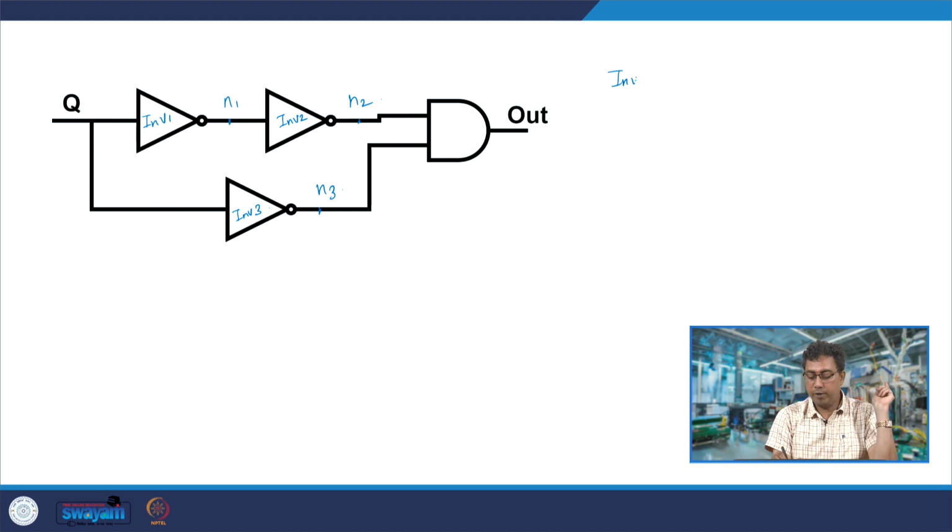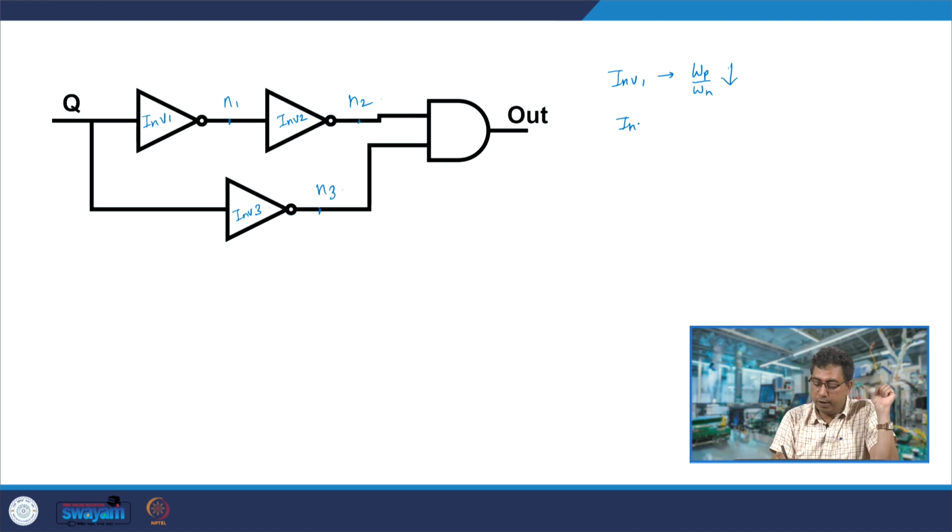Suppose inverter 1 has a Wp by Wn which is extremely small. Suppose for a balanced inverter the Wp by Wn has a certain value. So, for inverter 1 the Wp by Wn can be 1/3 of it, for example.